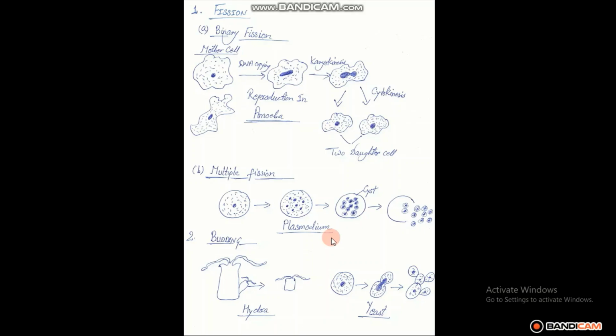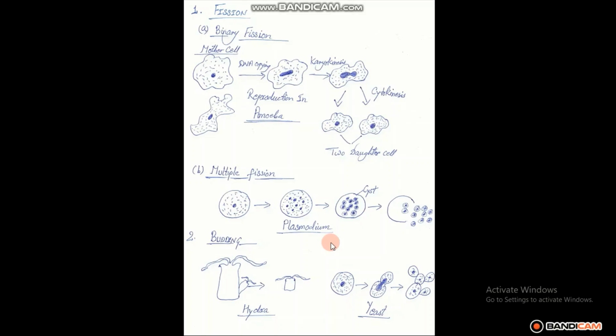So see how multiple fission occurs in Plasmodium. This is unicellular. Its nucleus will split into many nuclei. Okay. First, karyokinesis happens many times. The nucleus forms many nuclei here, and each nucleus is surrounded by cytoplasm.